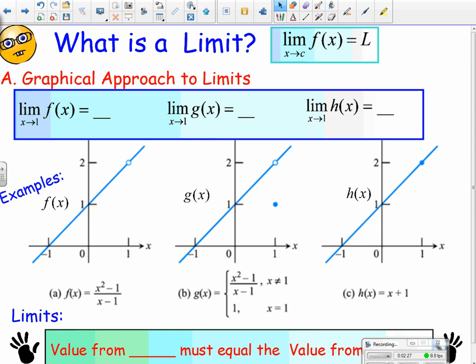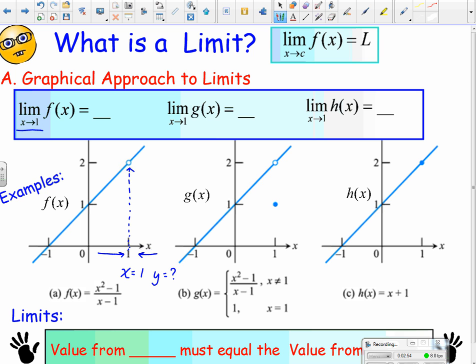So just look at these three graphs. The limit as x approaches 1 of the function is equal to what? As I approach 1, I'm coming into 1 from the left side and the right side. I track up to 1, and I find that there's a hole, which means there isn't an exact value. When x is equal to 1, y is, well, I don't know here.